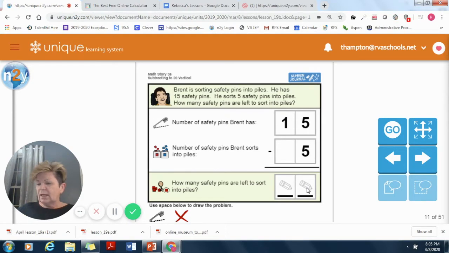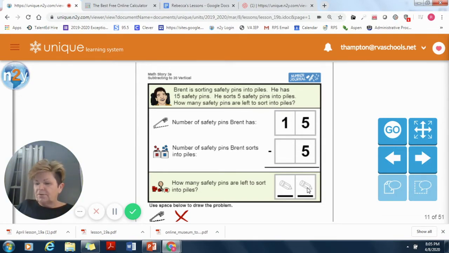So let's go ahead and just take our everyday piece of paper and let's just write out our math problem, okay? So let's look at, we have 15, and to help you stay organized in your writing, you can just draw a T. Okay, let me show you how that helps.